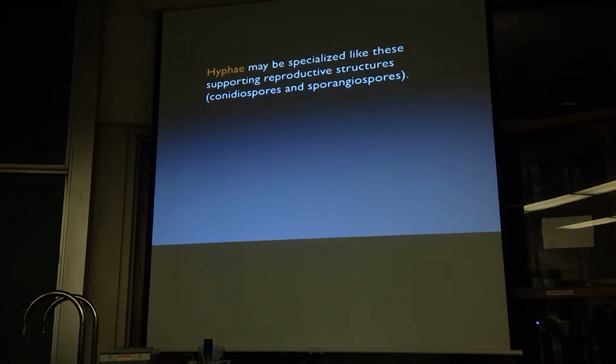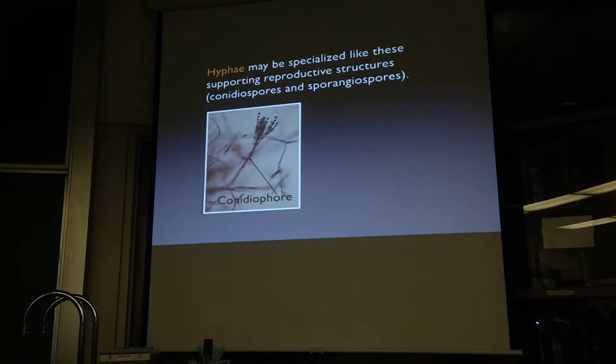Now, sometimes if you get into the study of fungi, you can get into the study of all the different names that apply to the hyphae. So I'm just going to show you a couple of examples. There are reproductive structures, conidiospores and sporangiospores, that we'll talk about in just a little bit. The hypha that supports those spores is called a conidiophore or a sporangiophore.